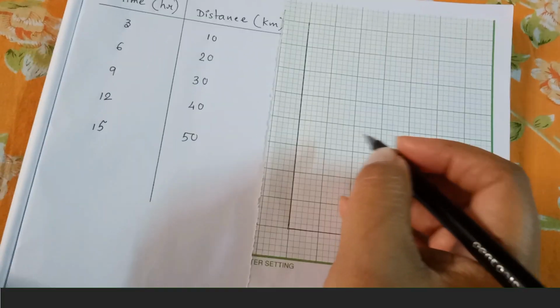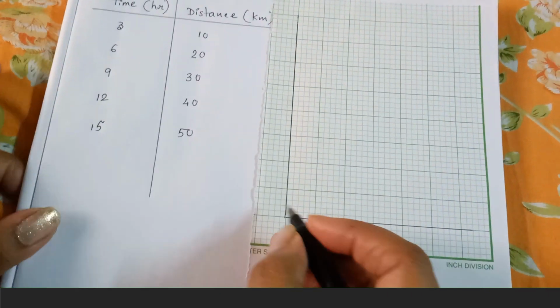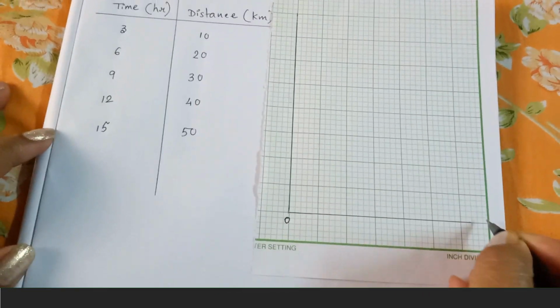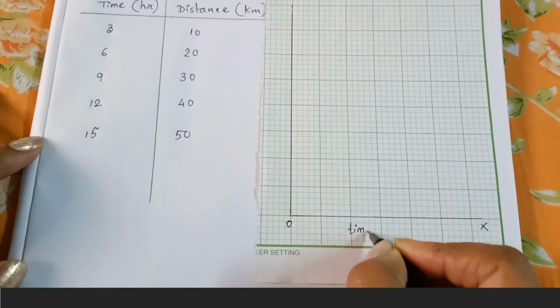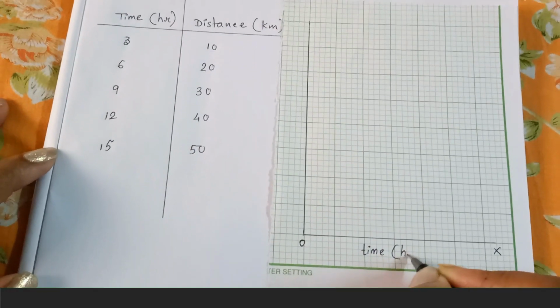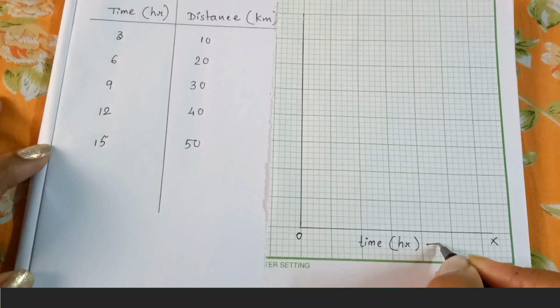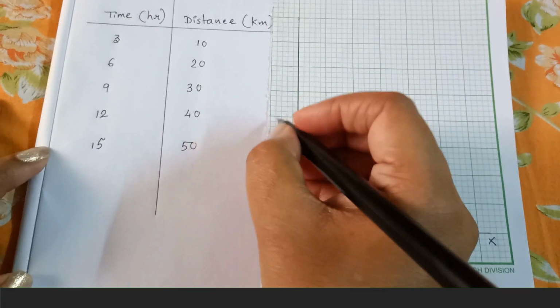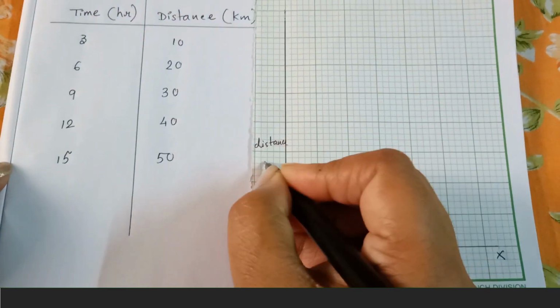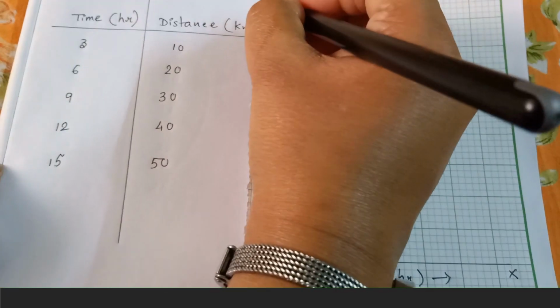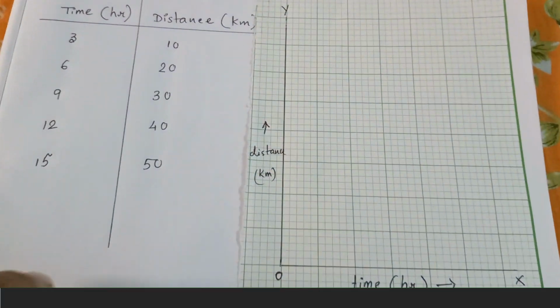Okay, taking another example, here also I have taken x-axis, time within bracket hour as mentioned, and then distance in kilometer as mentioned. This is the y-axis.